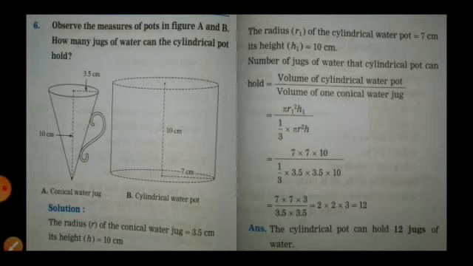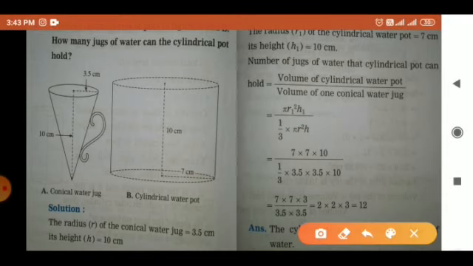So here we will consider small r and small h as radius and height of the conical water jug, and then r1 and h1 as radius and height of the cylindrical pot.